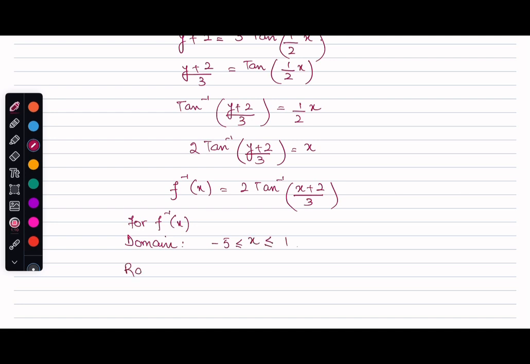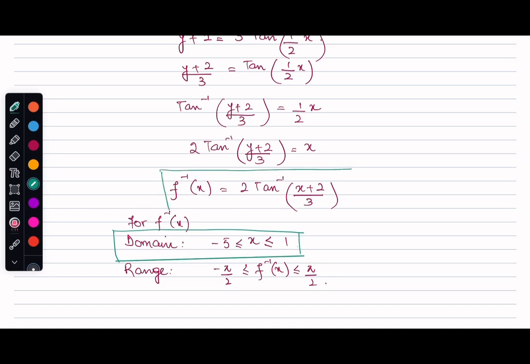And if they had asked for the range, I would have said that negative pi by 2 is less than or equal to f inverse x, which is less than or equal to pi by 2. So the answer to this part is the domain, negative 5 less than or equal to x less than or equal to 1, and the expression for f inverse, which is 2 tan inverse of x plus 2 divided by 3.